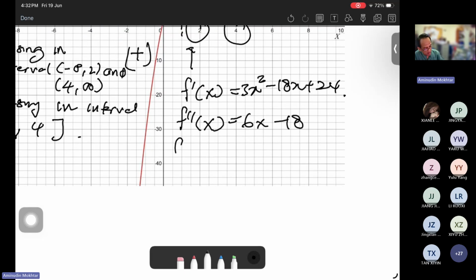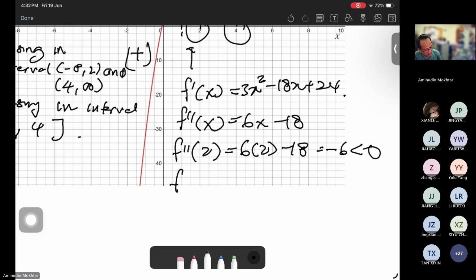Now we substitute x equals 2: 6 times 2 minus 18. We get 12 minus 18, which is negative 6. This is negative. Since the second derivative is negative, we can conclude that the function is concave down.